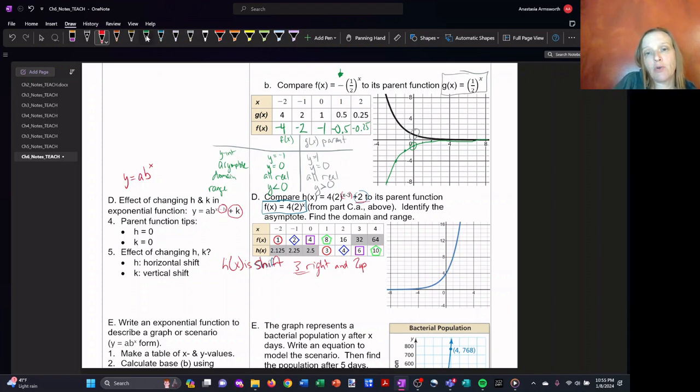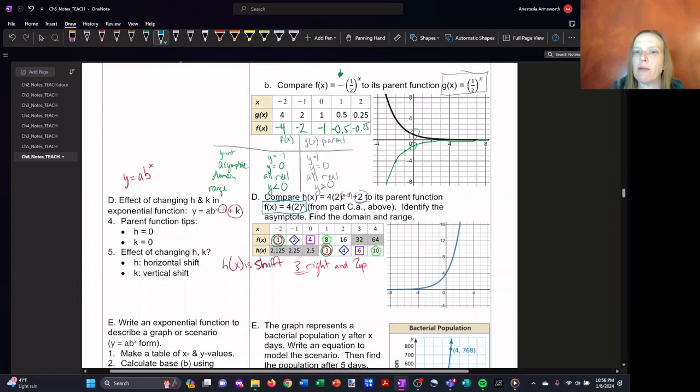So I tried to color coordinate the data points here because we're shifting 3 to the right. The output value that you see here of the original parent function corresponds to this one that's 1, 2, 3 units over. This one represents the same data point as we have here.